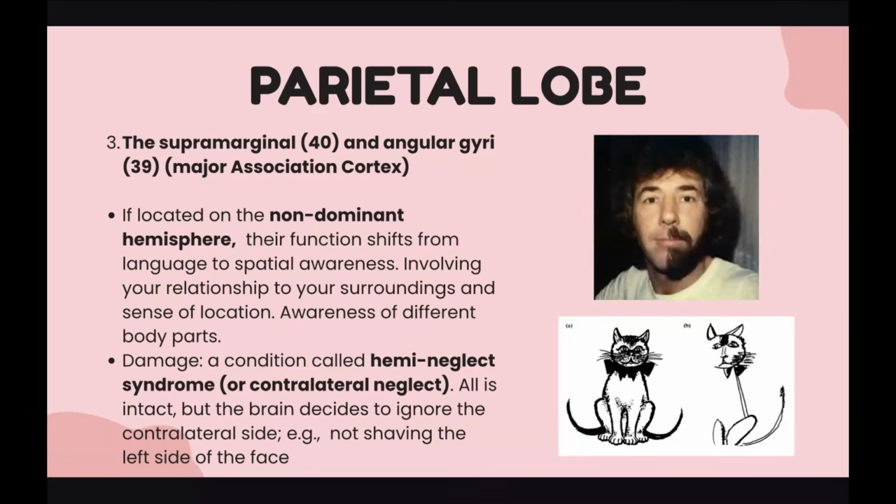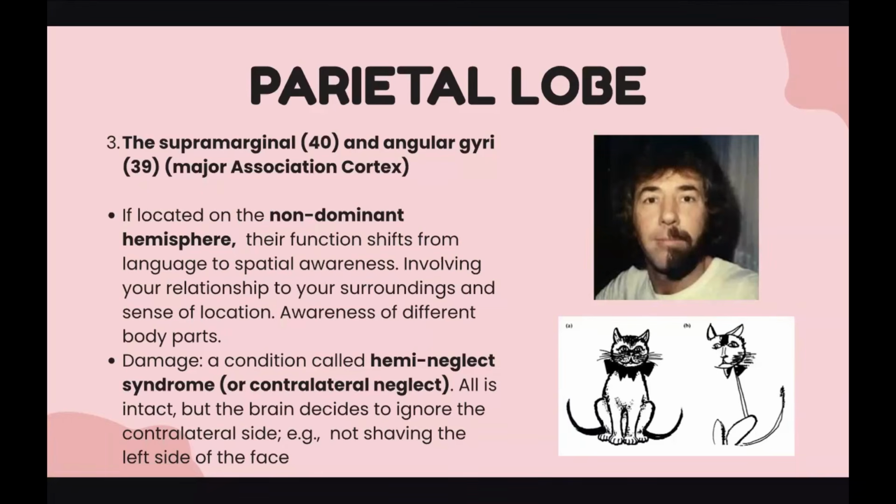They will only shave their right side, right? If they were to apply lipstick, they will only apply it on the right side. They won't apply it on the left. It's not that they are doing this on purpose. They're completely unconscious of doing all of this on one side. It's just that their brain does not identify or recognize that side anymore.